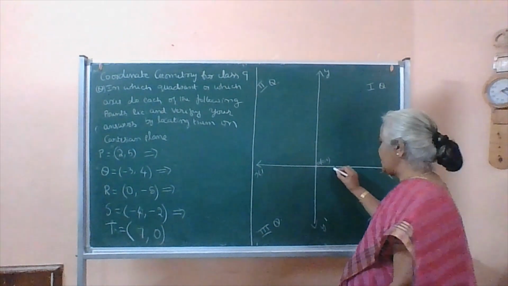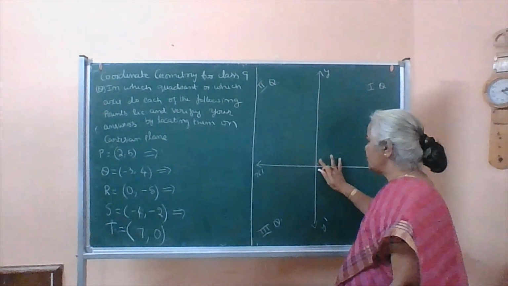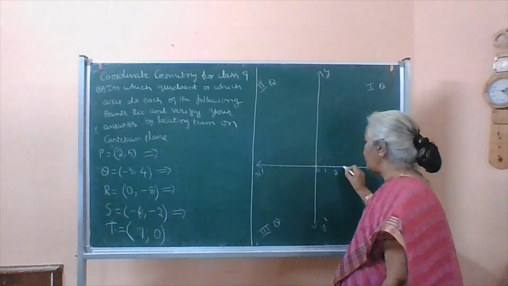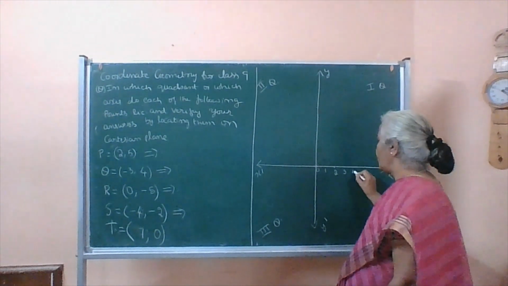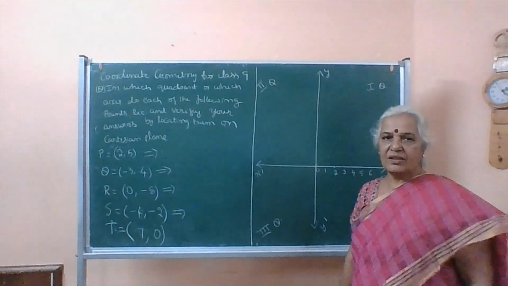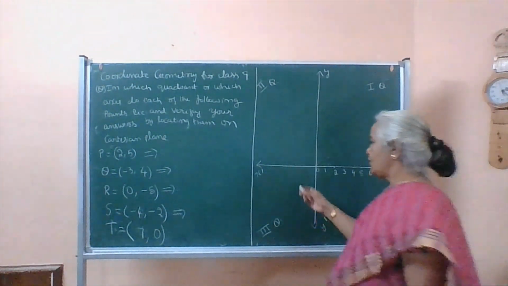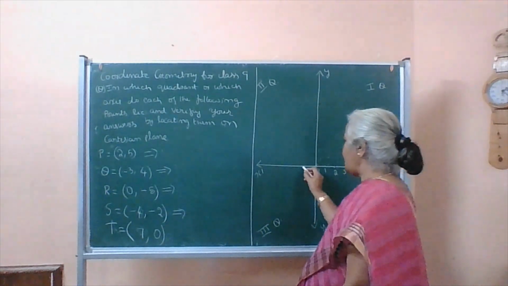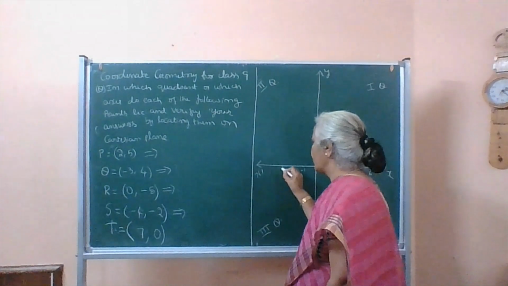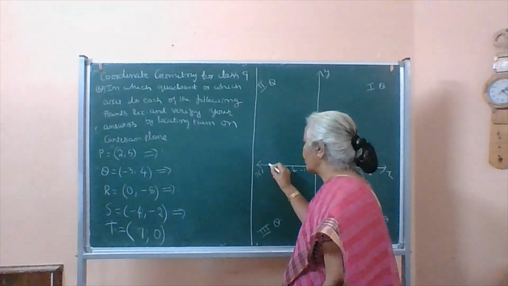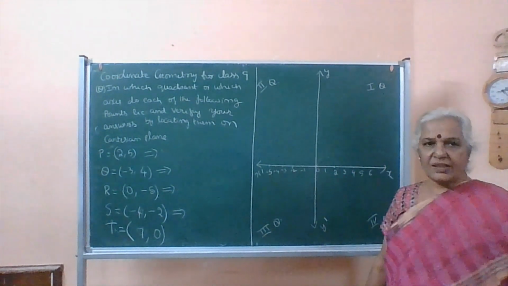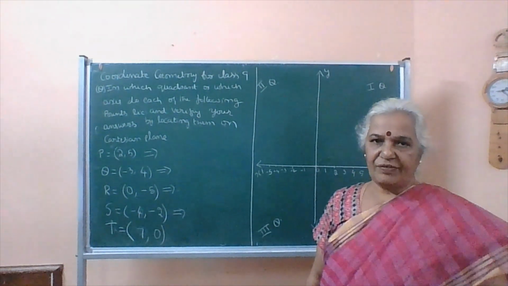All the positive numbers come towards this side, that is 1, 2, 3, 4, 5 and 6. All the positive numbers come towards the right side on the x-axis, and all the negative numbers come towards the left side.